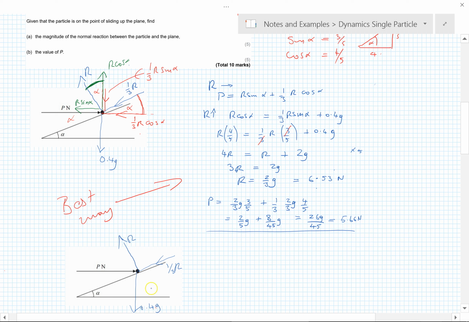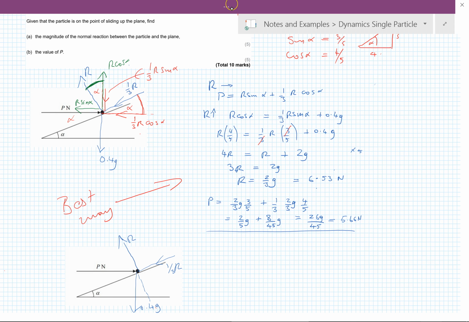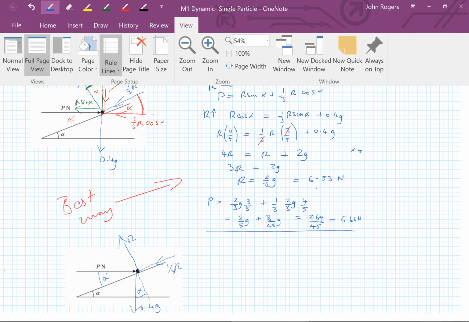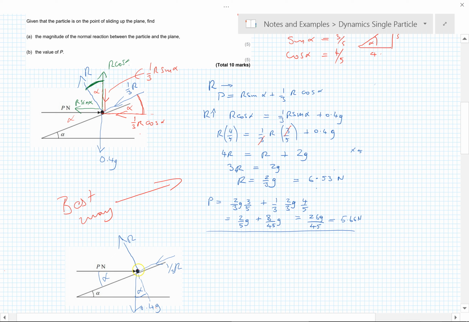We've got R here. So we're going to stick with the more conventional way of doing these things, resolving parallel and perpendicular to the plane. So this angle here is alpha, and this angle here is also alpha, and those are the two we're going to resolve into two different directions.